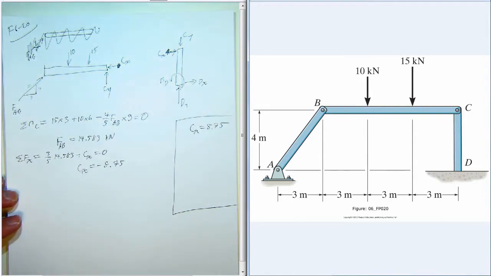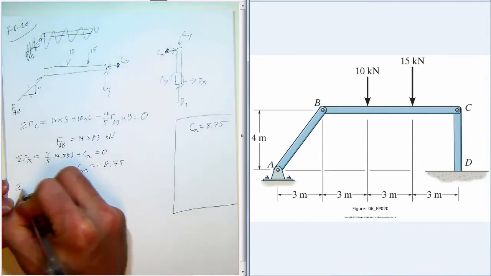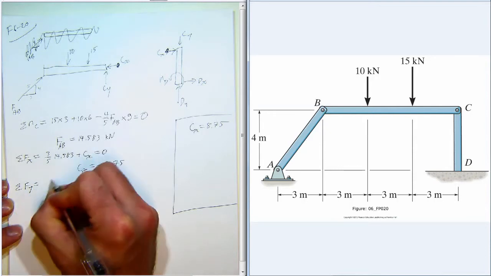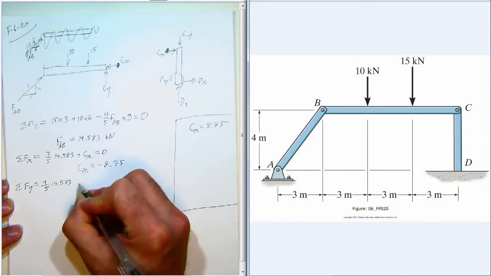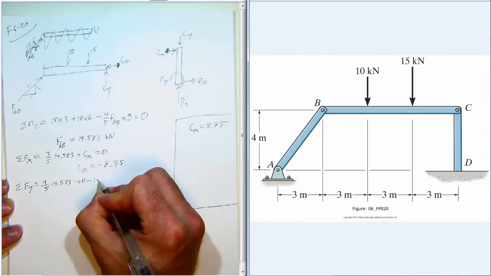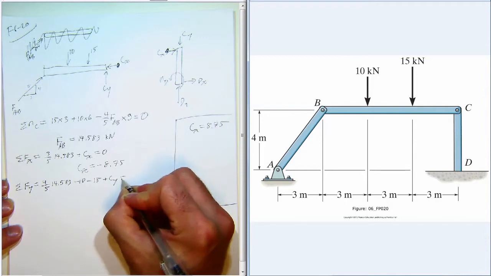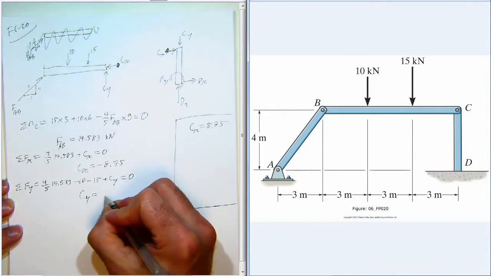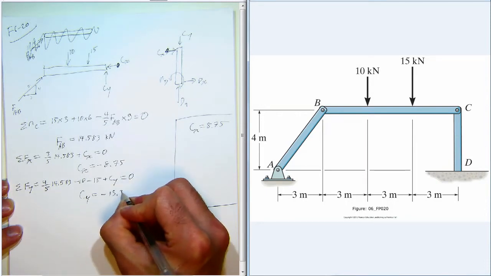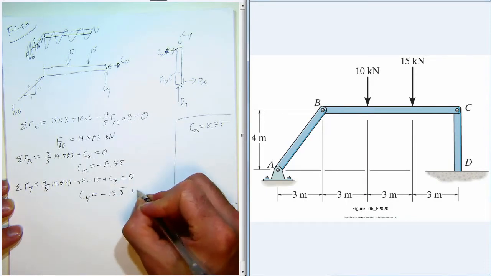Okay. Now forces in the y will give us Cy. We have the y component of FAB, 4/5 of 14.583, negative 10, negative 15, and Cy, and those all add up to 0. So we get that Cy is negative 13.3 repeating kilonewtons.